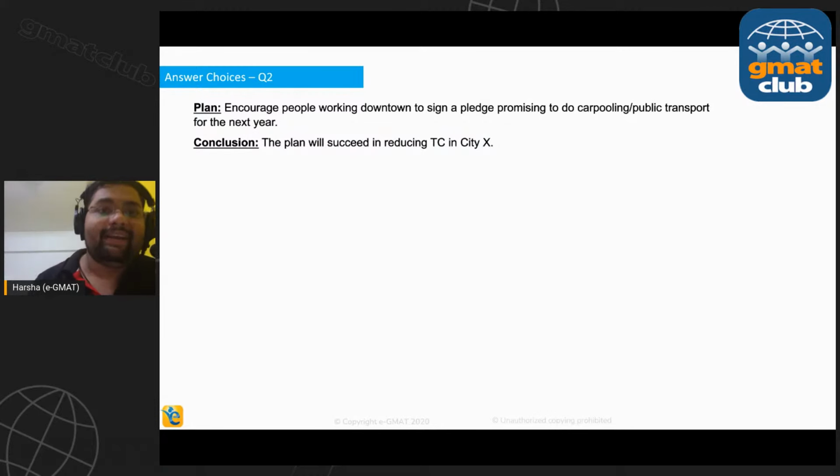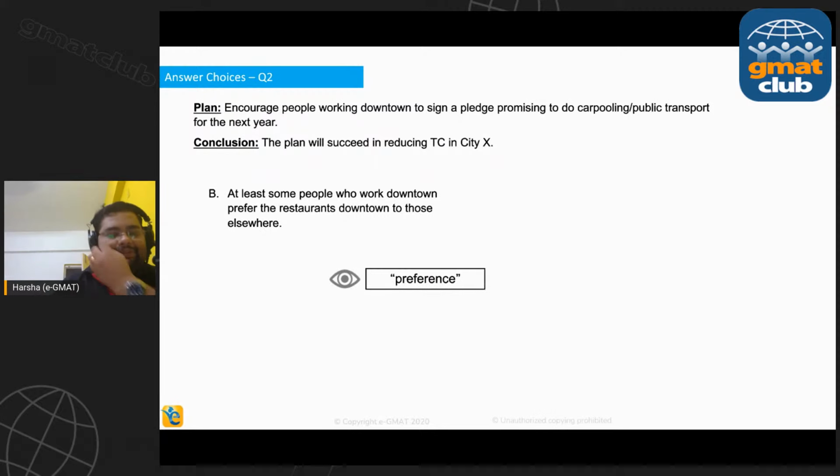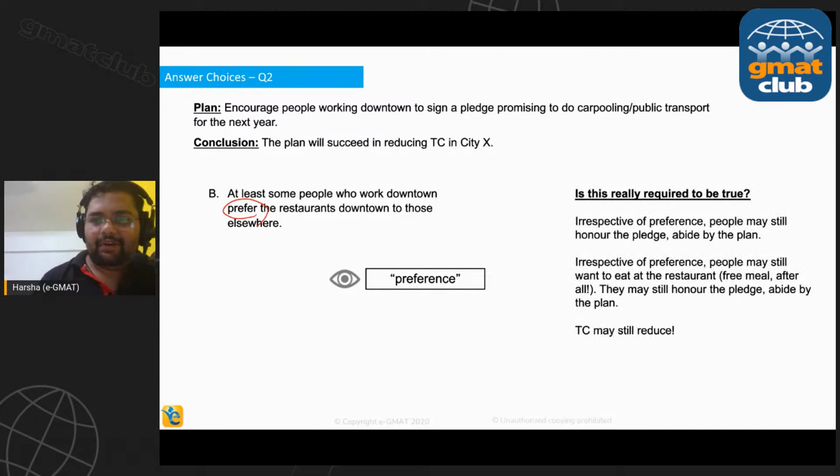Now, option B was somewhat popular, but it's not that popular, but I still see some of you fell for it. Think about it. What does this preference have to do with anything? End of the day, whether or not I prefer these restaurants, let's say absolutely nobody, not a single person prefers these restaurants. The restaurants in downtown, let's say, are crap. Nobody wants to eat there.